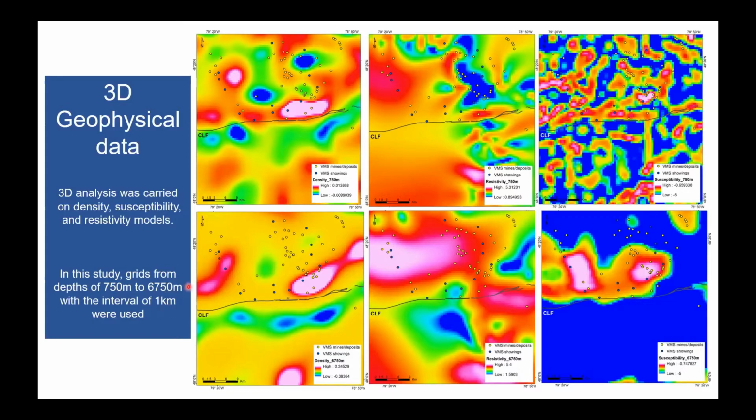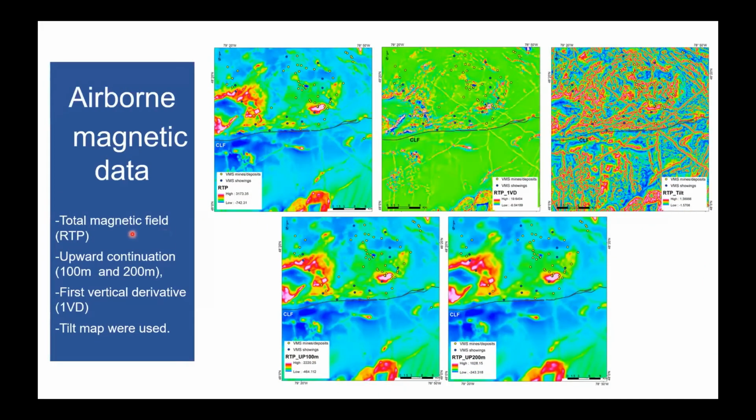So for each property, we had 7 maps included in the model. Total magnetic field reduced to pole and upward continuation at 200 and 100 meters. First derivative, vertical derivative, and tilt maps were also selected.